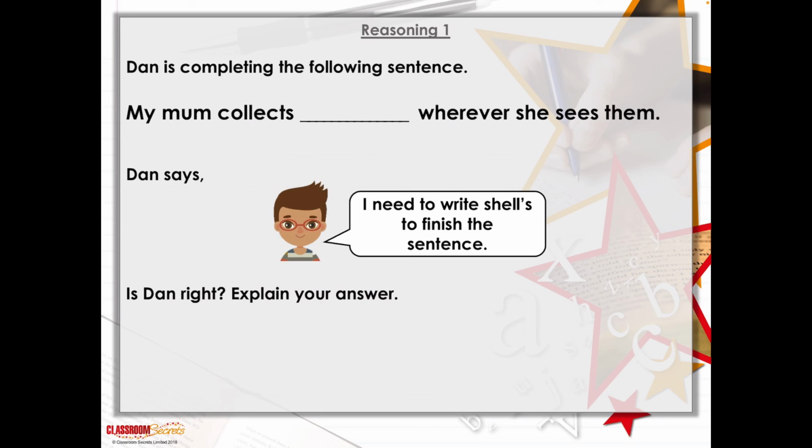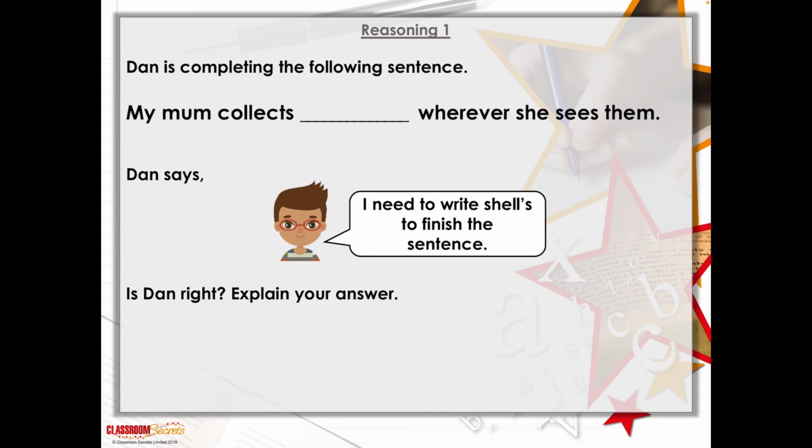Right, let's have another look at one. Dan is completing the following sentence. My mum collects something wherever she sees them. And Dan says, I need to write shells with an apostrophe to finish the sentence. Is he right? And explain your answer. So if she's collecting shells, does there need to be an apostrophe in shells?